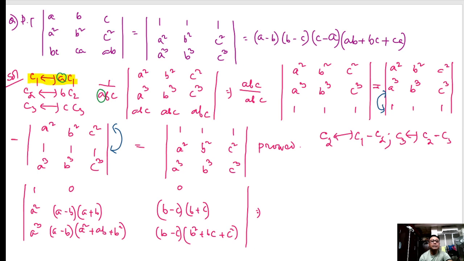Next we are multiplying the column C2 with B, so we have to adjust with 1 by B. Here the column C2 multiplied with B becomes this.